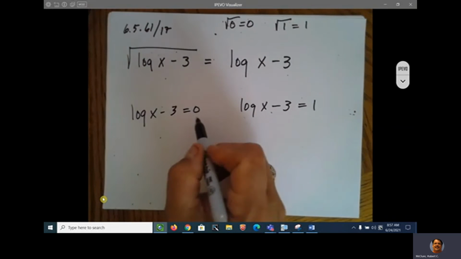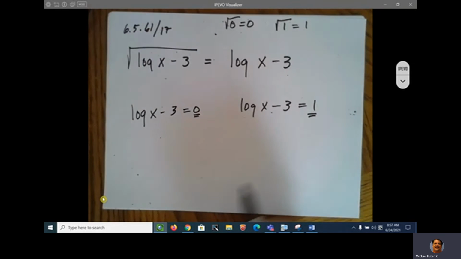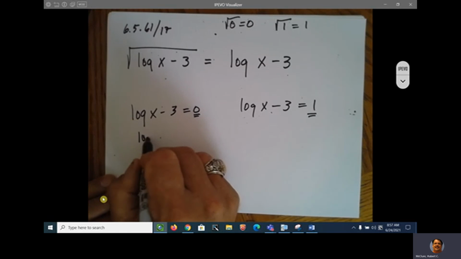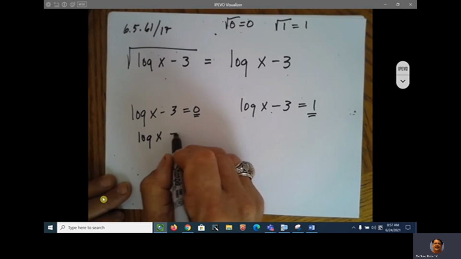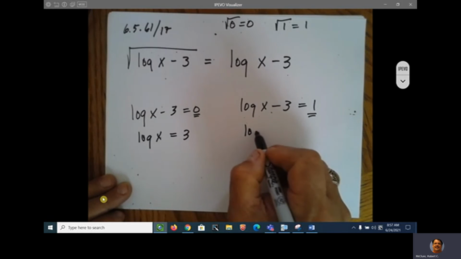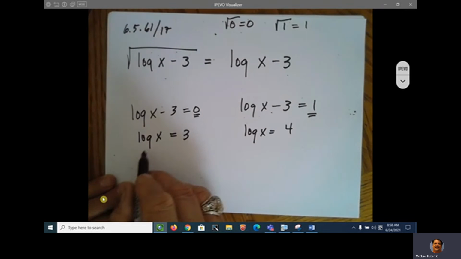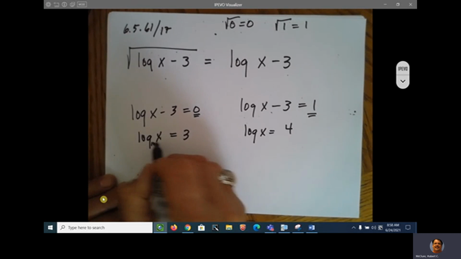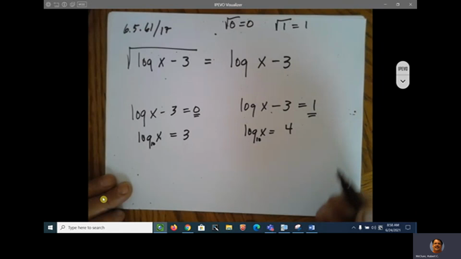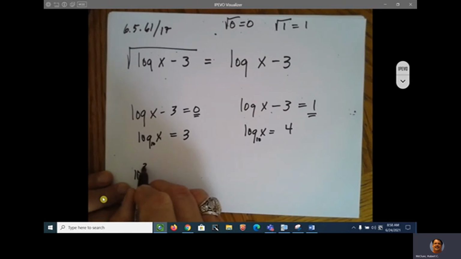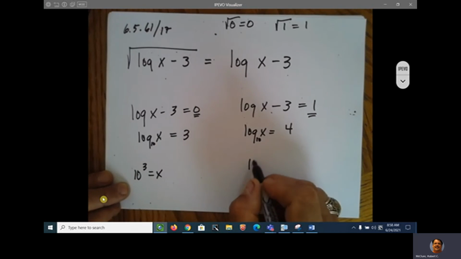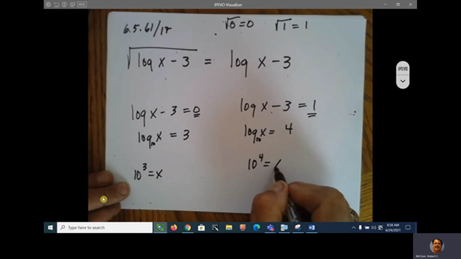And that's why I'm setting it equal to 0 and 1 to see what we get. All right? So let's solve. Log of x is equal to 3, and log of x is equal to 4. Definition of a logarithm, this is base 10, this is base 10. So 10 to the third is equal to x, 10 to the fourth is equal to x.